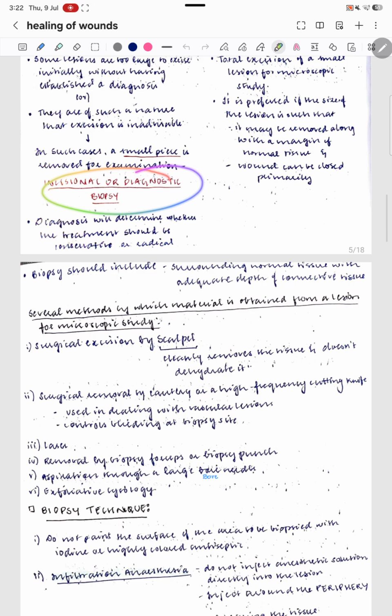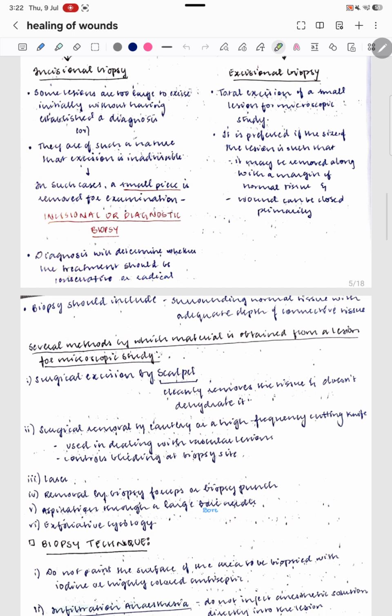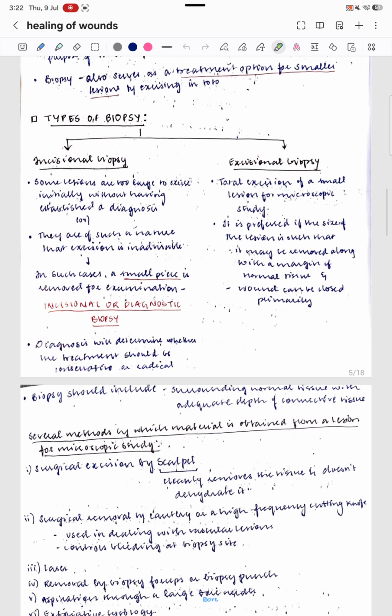That is known as your incisional biopsy. So basically, in incisional biopsy we take a small piece of a large lesion to diagnose it. Diagnosis will determine whether the line of treatment should be radical or conservative.